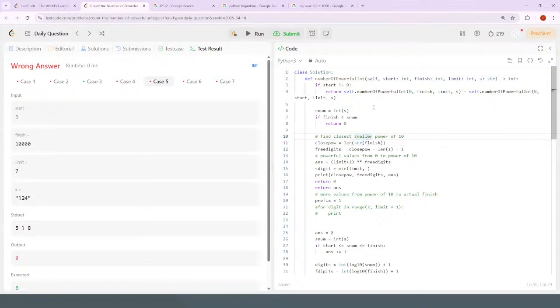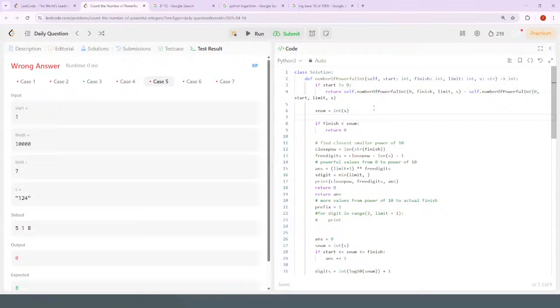Let's say you have your snum, and say you have the string of your finish.